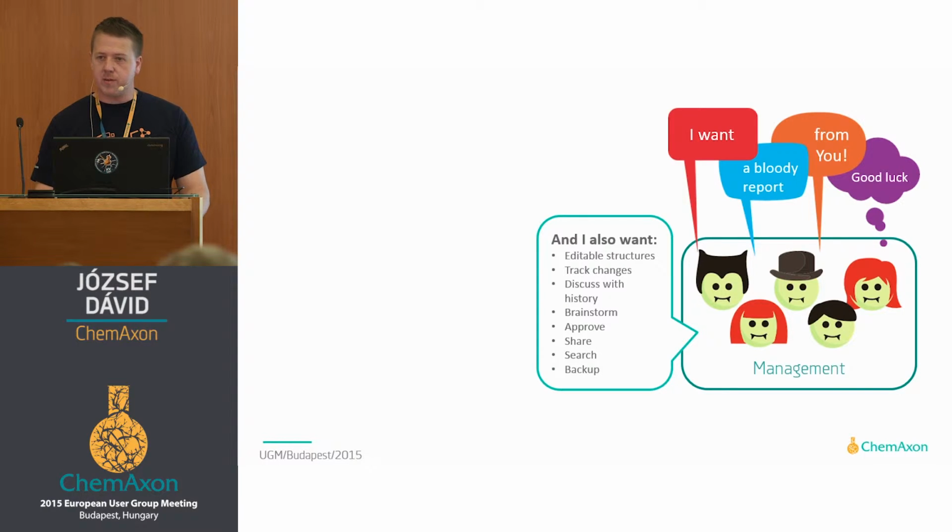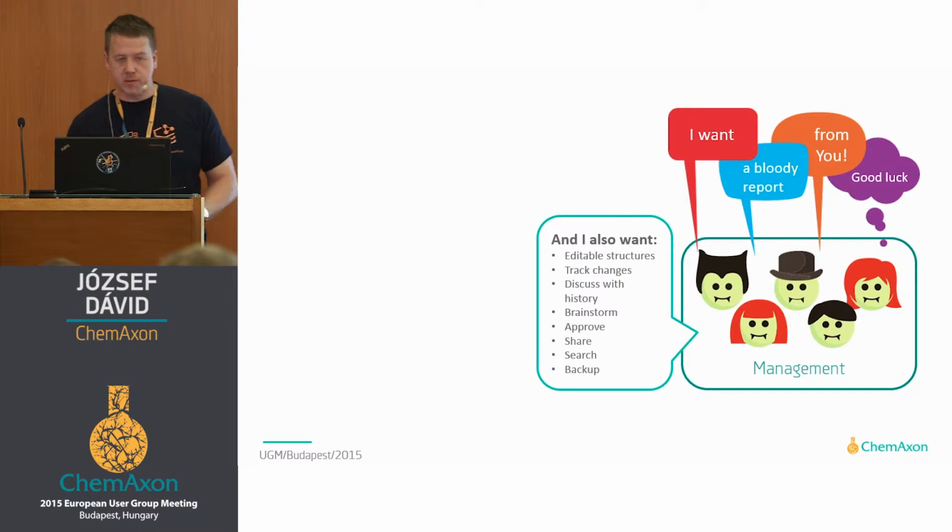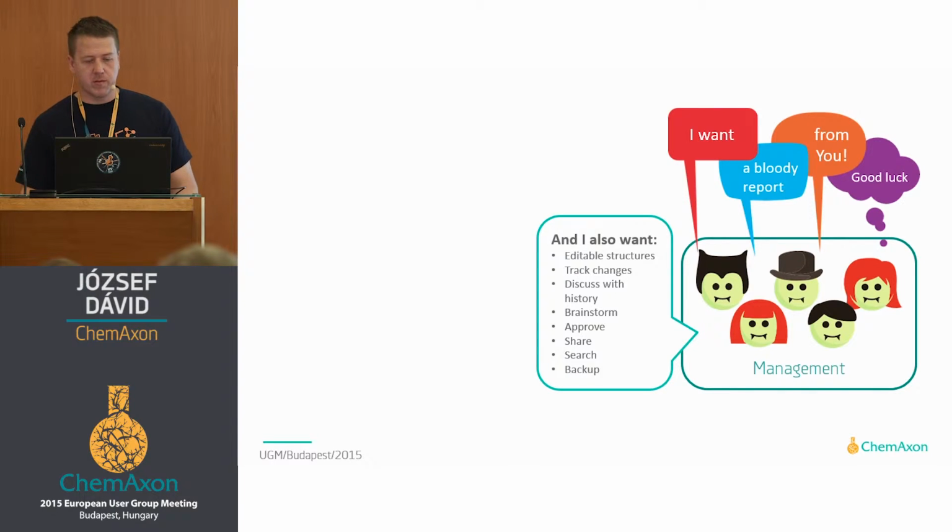They would like to discuss all the details of the structures with history, of course. Later they would like to approve the document when it is in final state, and after that share it with other employees and search for those structures or documents later. Backup is also an important part of the system.